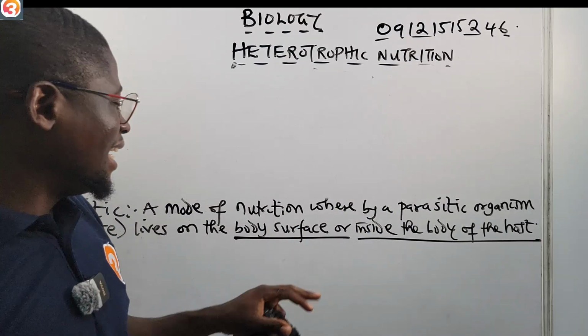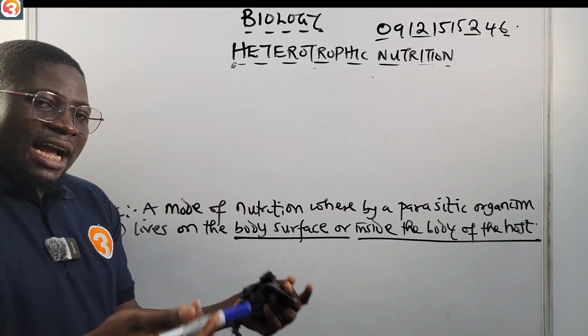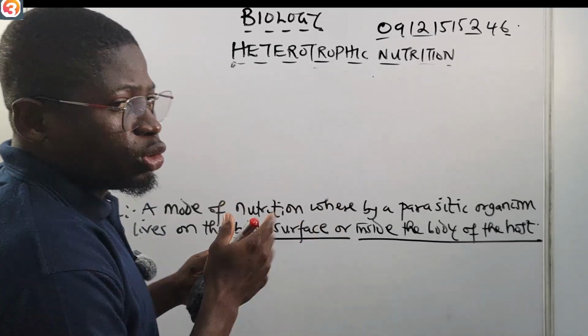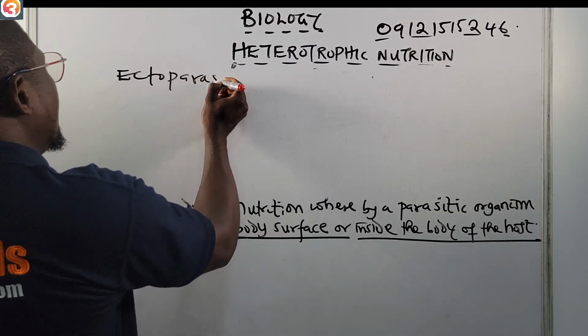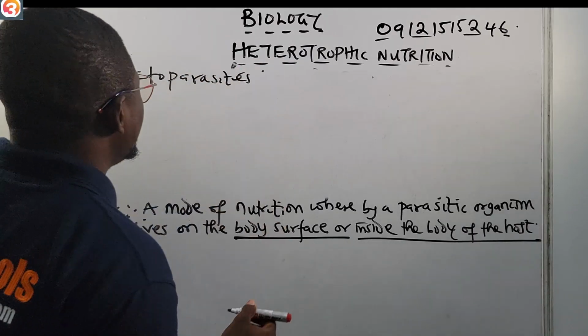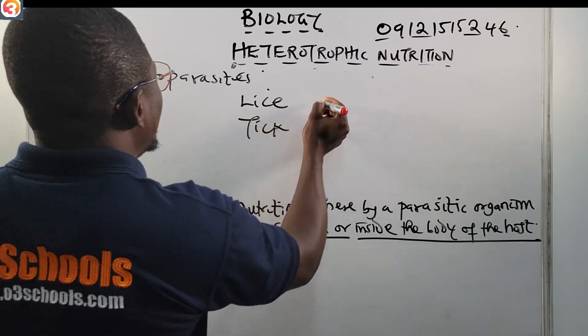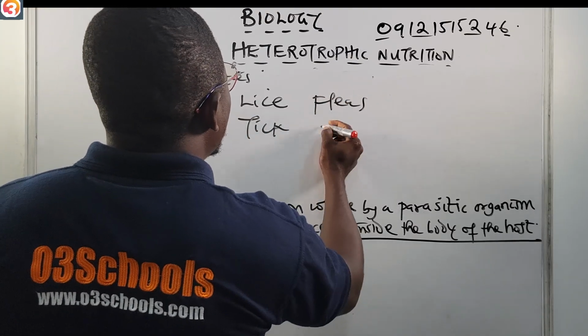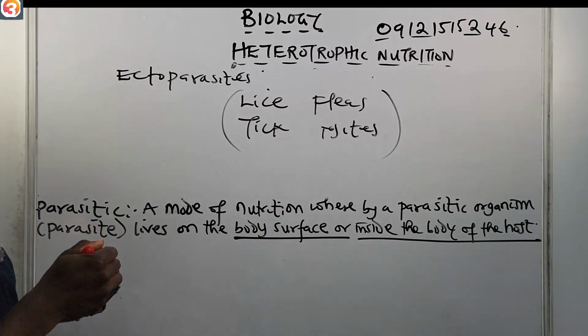If a parasite lives outside the body of its host, we call those ectoparasites. Examples of ectoparasites are lice, ticks, fleas and mites.